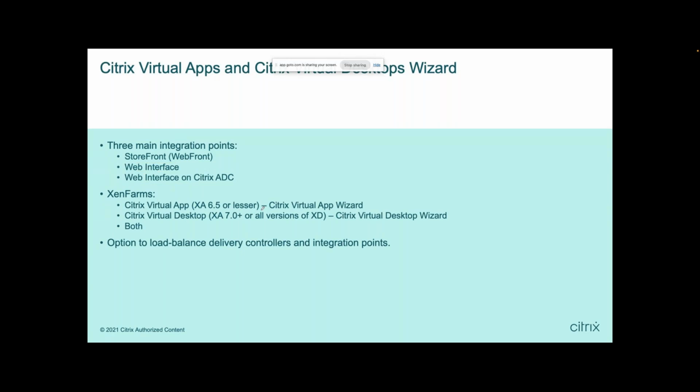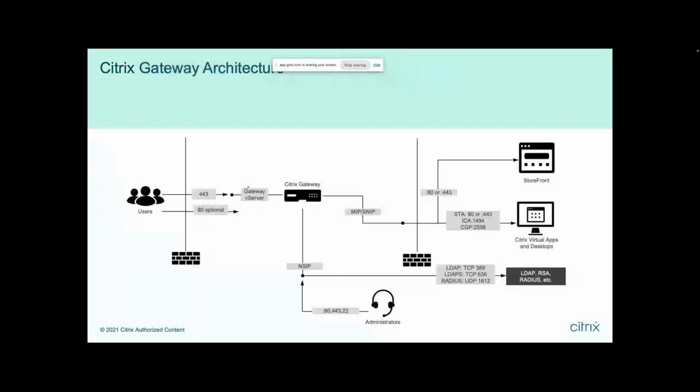So this is the way the users are going to get connected, either on port 443 or 80 as an option, and all the traffic will go to the gateway. The gateway will communicate with the NSIP and authenticate the user using your LDAP or ADS.